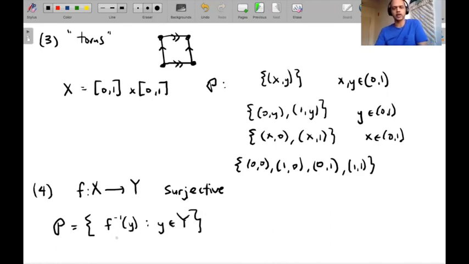So for every y, we get the preimage, that's some subset. And these give a partition. Since the map is surjective, each of these subsets is non-empty, and they're disjoint, and their union is everything. Okay, so this is a partition.